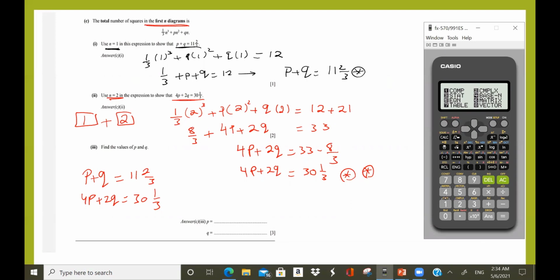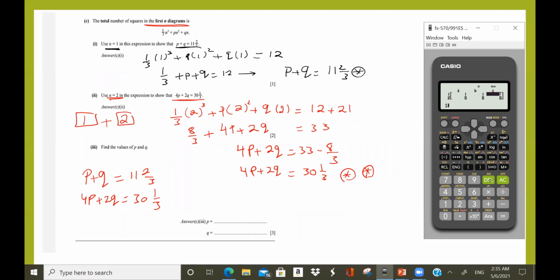We can press mode, then 5, then 1 to get the simultaneous equation. Then you're going to have 6 places in here. The first is for the coefficient of p, coefficient of q, then the answer. The fourth is for the coefficient of p, fifth is coefficient of q, then the answer. So the coefficient of p is 1, then the coefficient of q is 1, then the answer is 11 and 2 over 3.